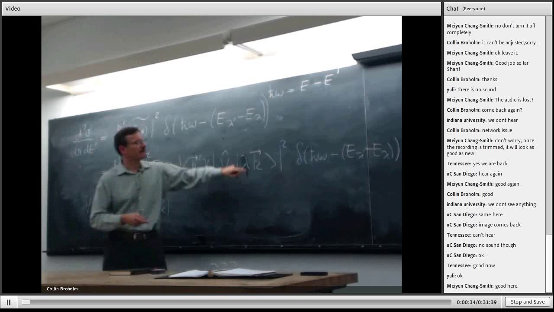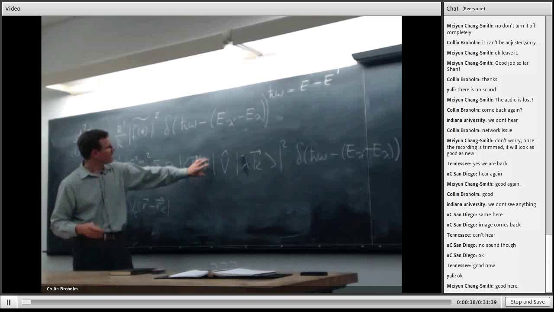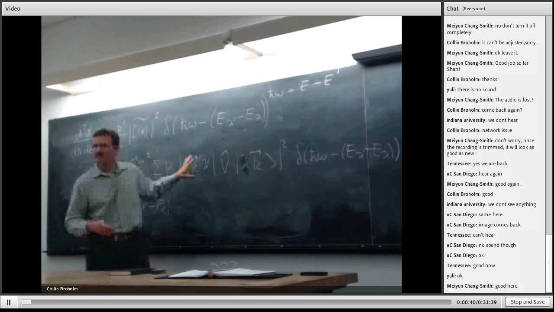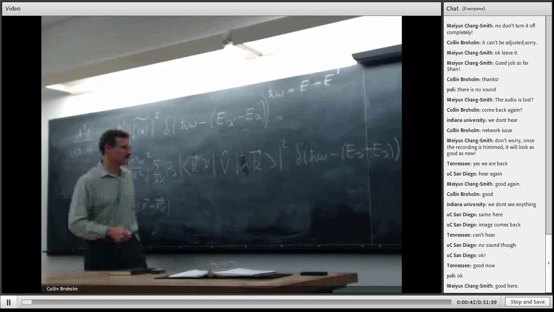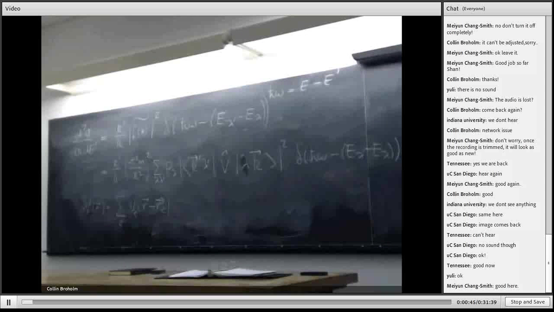I won't touch the bracket associated with the sample condition. That'll remain intact. Let me show you what the expression then looks like.